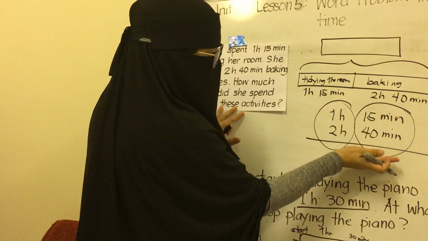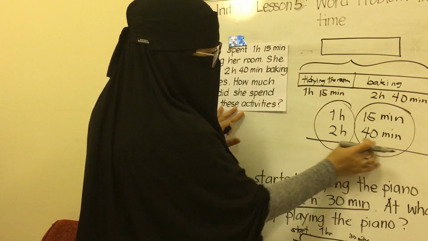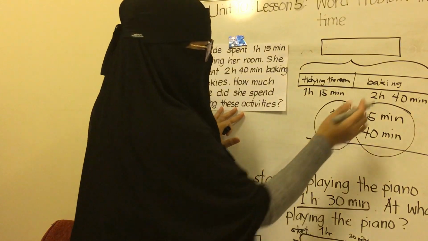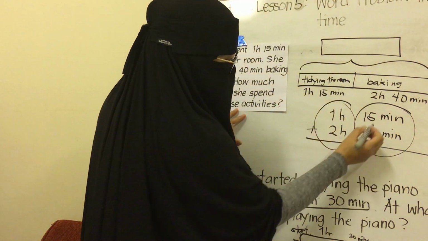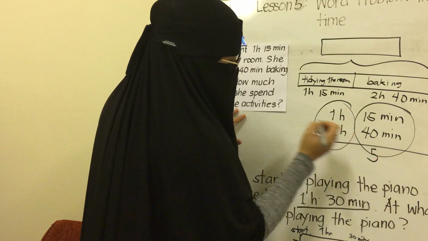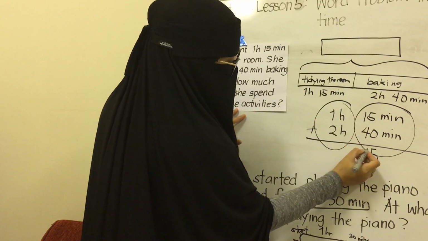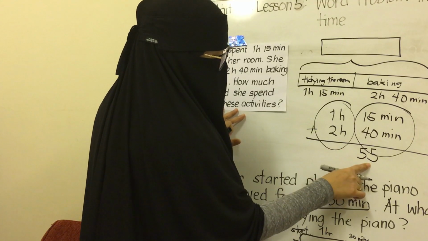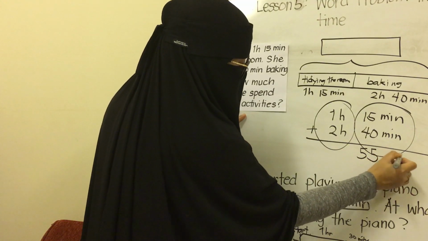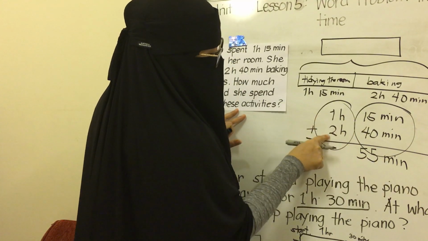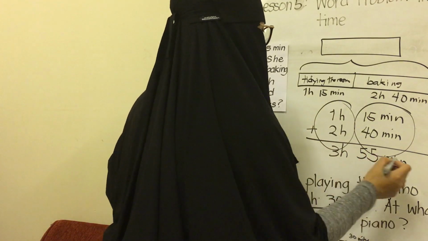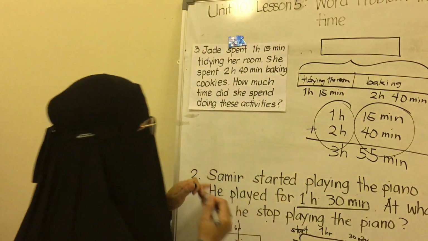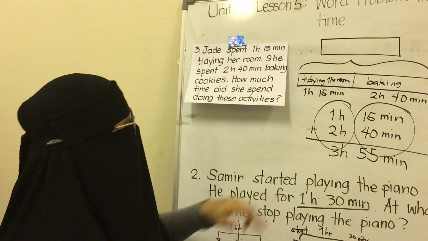We add the minutes first, then we go to the hours. 5 plus 0 is 5. 1 plus 4 is 5. So it means 55 minutes. 1 hour plus 2 hours will be 3 hours. So the answer is 3 hours and 55 minutes.